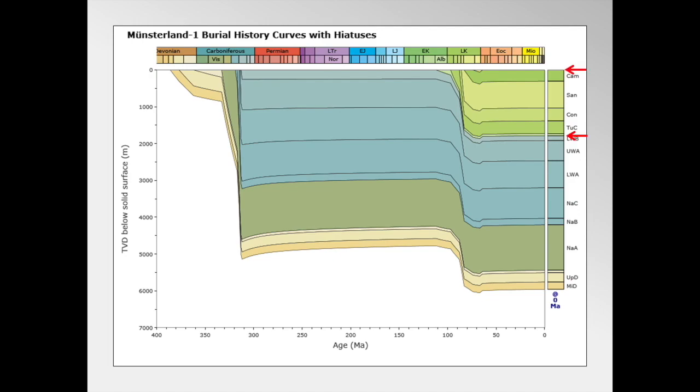The red arrows at the right designate the two unconformities that are definitely present in our model. The earlier one is between the Carboniferous and the Cretaceous, and the later one is at the surface above the Cretaceous.